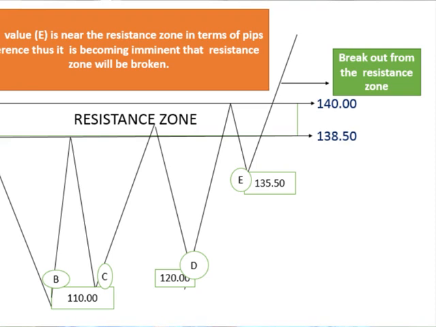The number of pips between 138.50 and 110 is long. It is more likely it is going to maintain it.